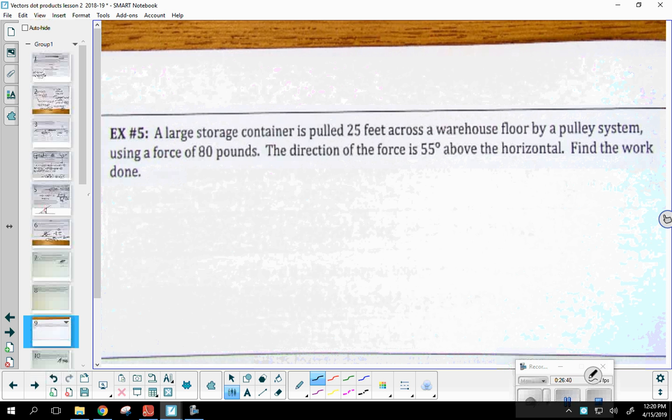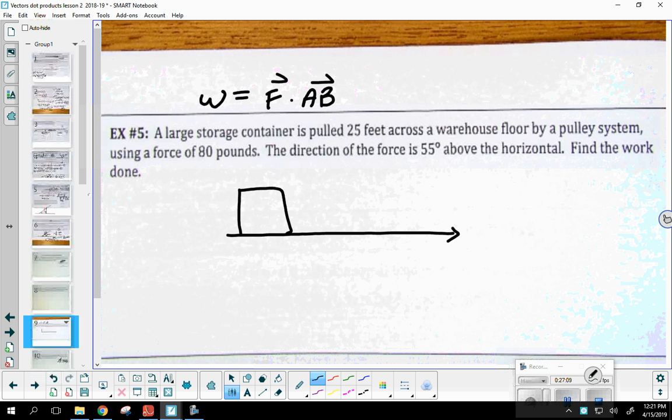So here, we're going to find work by taking the dot product of two vectors, and you're always going to be provided two vectors here. One's the force vector, and then the other one, I always refer to as the distance vector. I always use the abbreviation AB because let's say you're sliding a container across the floor. Well, you're sliding it horizontally, right? So let's say here's the floor, here's the horizontal, and you've got some container.